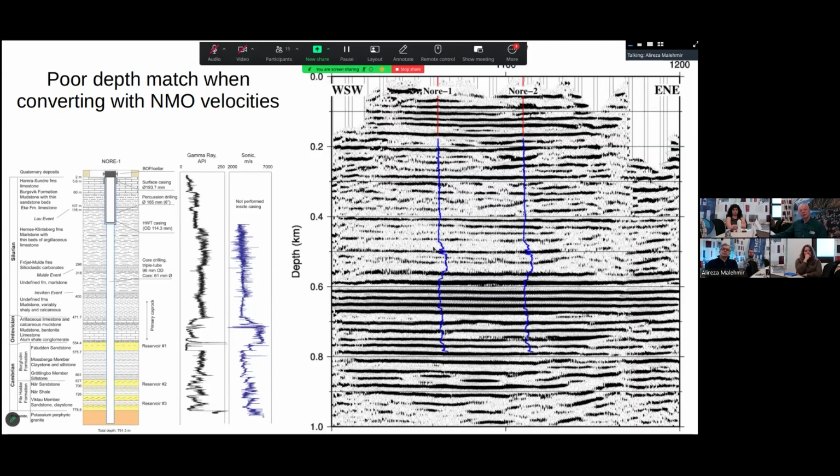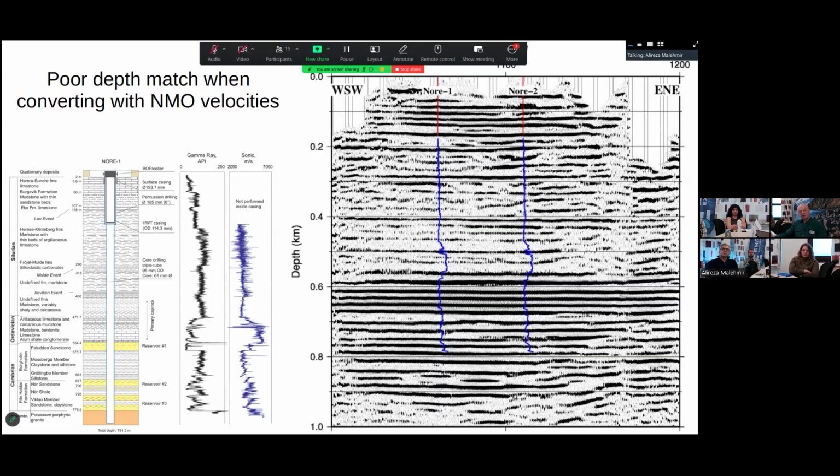We see we have a strong increase in velocity here. We should be getting a nice strong reflection from this area, but instead it's coming in deeper. And this was puzzling us when we were doing the processing. Why don't we get a good match on the depth converted section with what we expect?